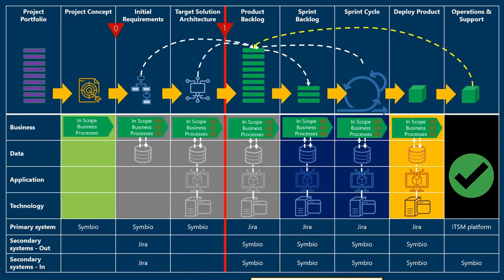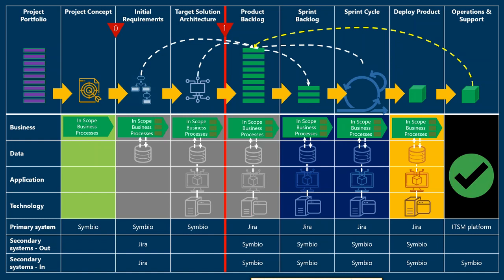Your target solution architecture, specifically with the new Archimate features, is Symbio. And you can see there with initial requirements, it now synchronizes with Jira, and the requirements identified in Symbio are migrated seamlessly to a project in Jira, so that the two projects are synchronized with one another.